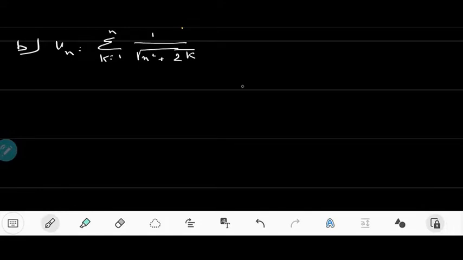So it gives that the sum un is between, the greatest term in here is the first one, because for k equal 1, it's for the least denominator. So the greatest term of the sum is 1 over square root of n squared plus 2, and we multiply it by the number of terms.